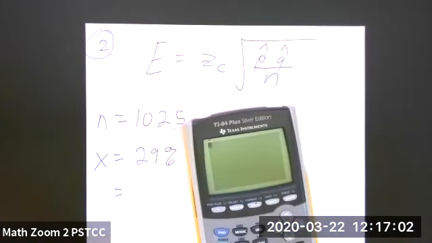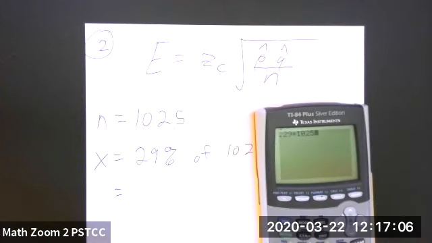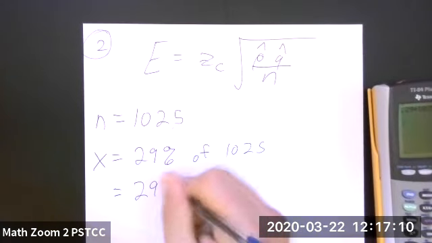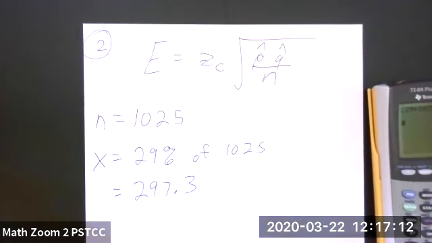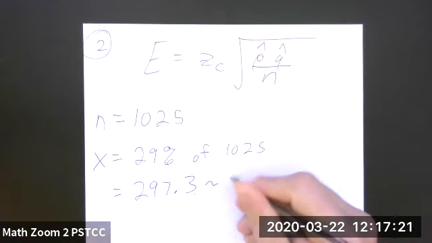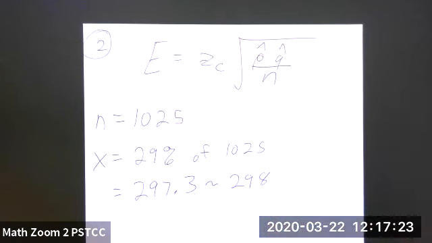If we convert that to a decimal, 0.29, and multiply, now we have a problem here in that the number of successes must always be a whole number. So we'll round this up to 298.